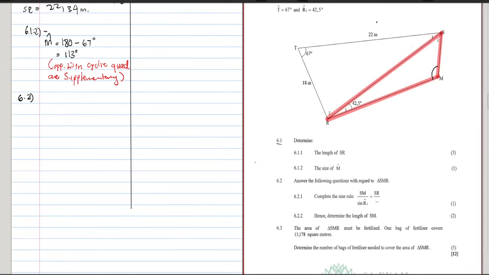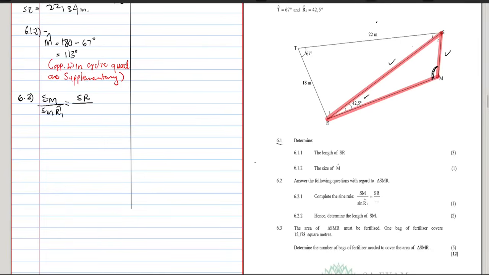SM, where's SM? SM over sine R1 is equal to SR divided by sine M. So the complete rule looks like this: SM over sine R1 equals SR over sine angle M. This is the answer.